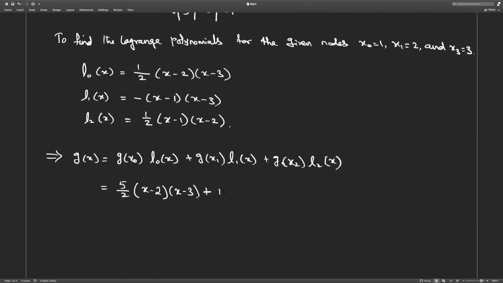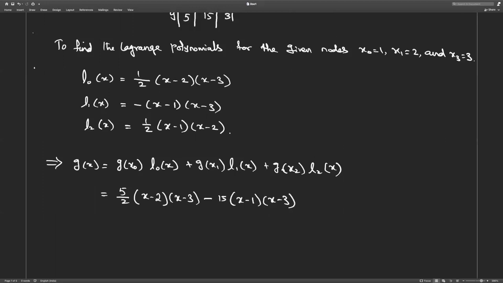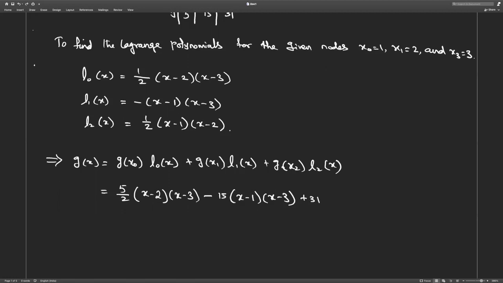Therefore, it is 15 into (x minus 1) into (x minus 3). Sorry, there is a minus sign here. Therefore, it is minus 15 into (x minus 1) into (x minus 3) plus 31 divided by 2 into (x minus 1) into (x minus 2).